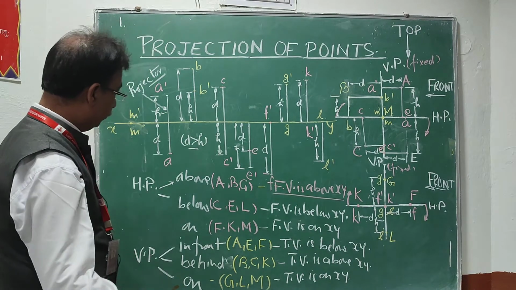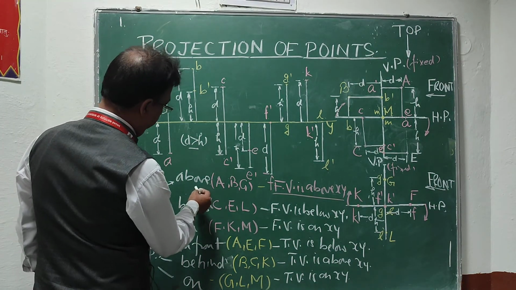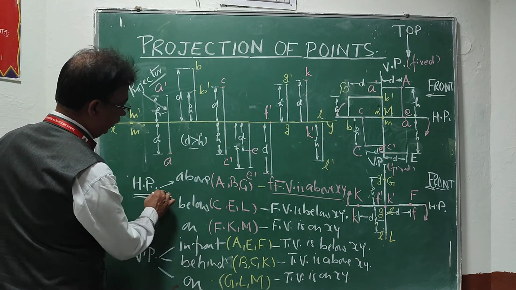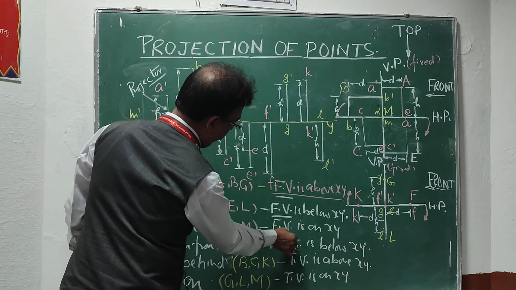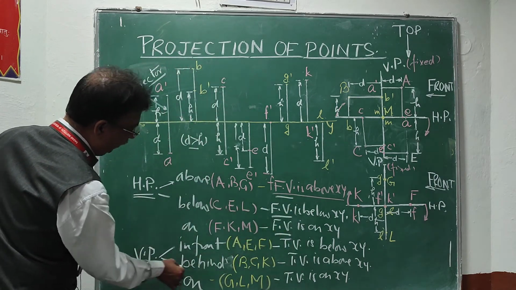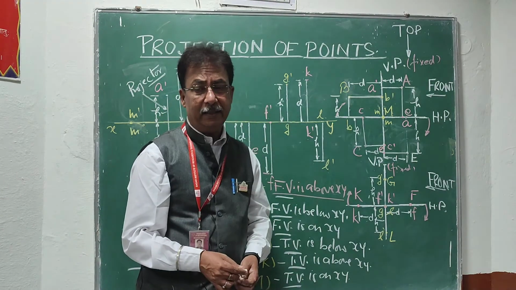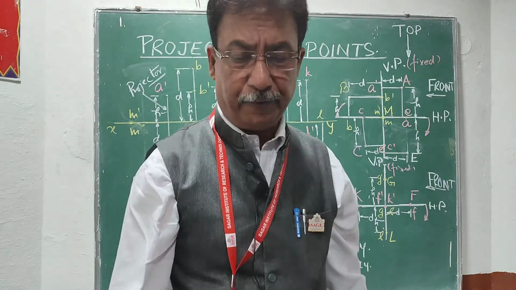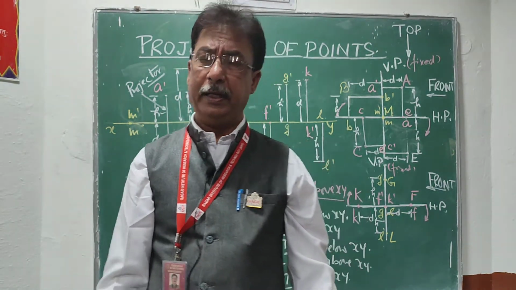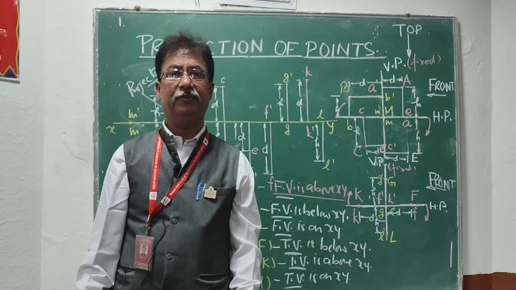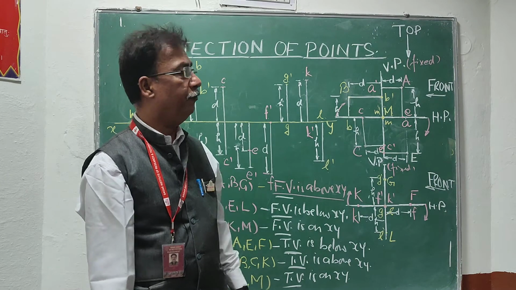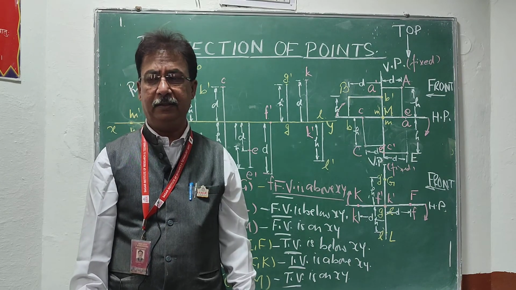And one final conclusion, look at these points. Whenever we are talking about the horizontal plane, we are talking about the front view. Whenever we are talking about VP, we are talking about the top view. So the final conclusion is that the front view of any point or any object will always relate with HP, and the top view of any point will always relate with VP.